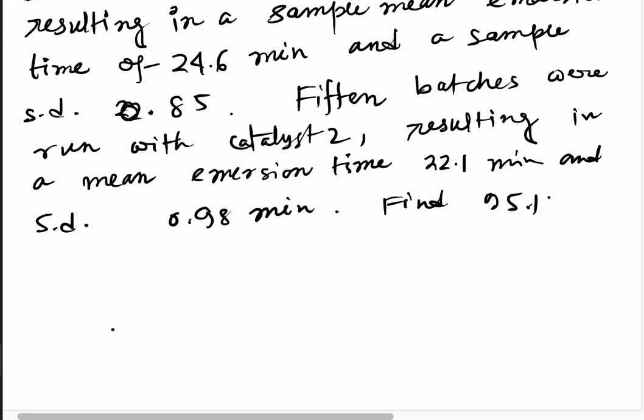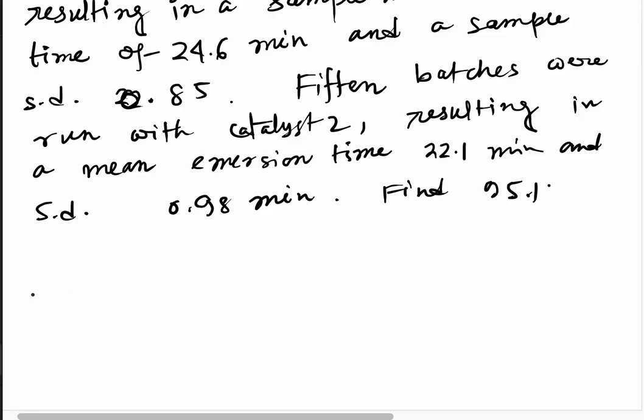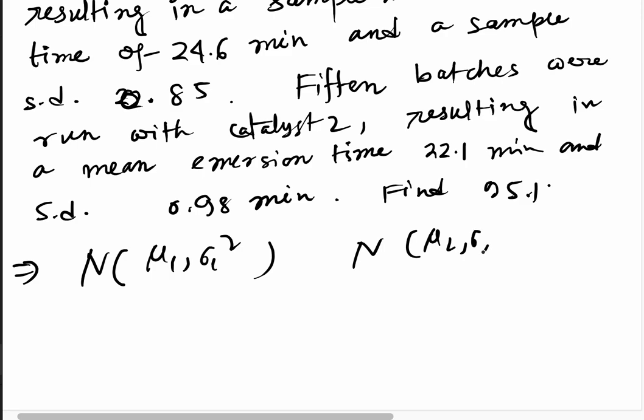Assume that the populations follow a normal distribution. They both follow normal distributions with mu1, sigma 1 square, and mu2, sigma 2 square.